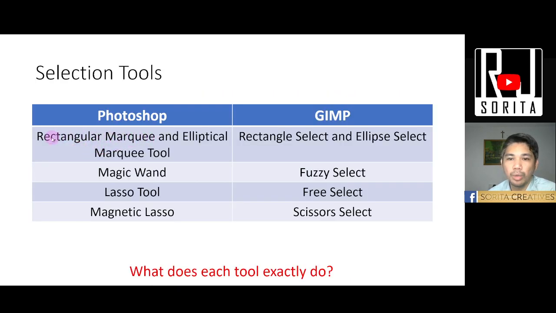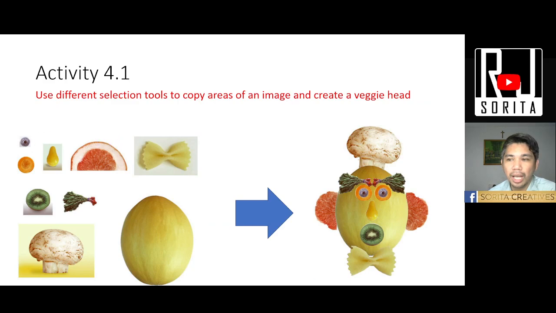So right now, we will do an activity. I want you to check our Schoology for the image file of this. So what you will do is, you will use different selection tools to copy areas of this image, and then you will create a face or a head made out of vegetables.